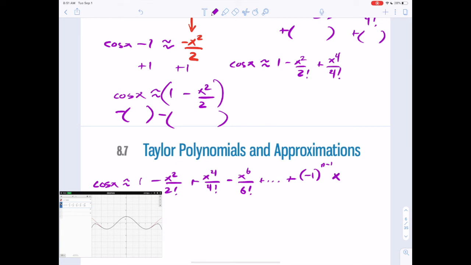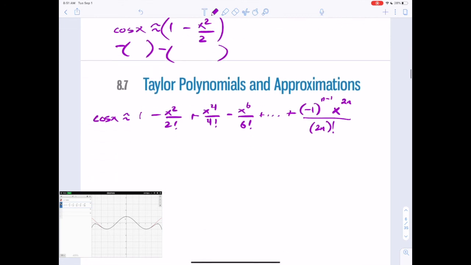Now, x is going to be there. We know all of the degrees have to be even, so you're going to multiply by 2 times n. 2n makes it even, because when you double any number, it's always going to be an even number, all right? And we know the factorials have to match up with the exponent that we have here.